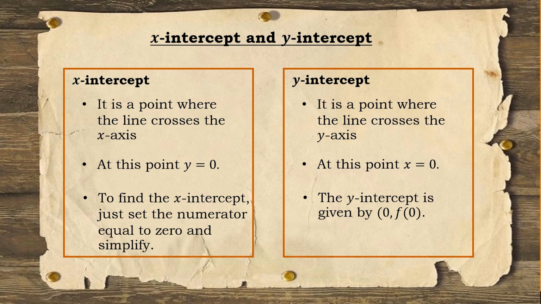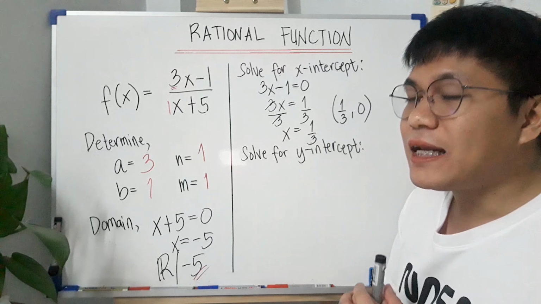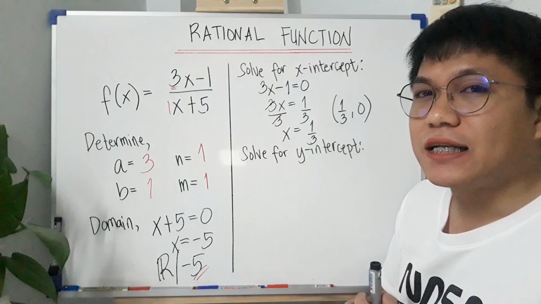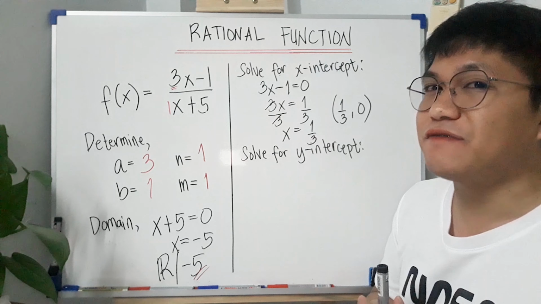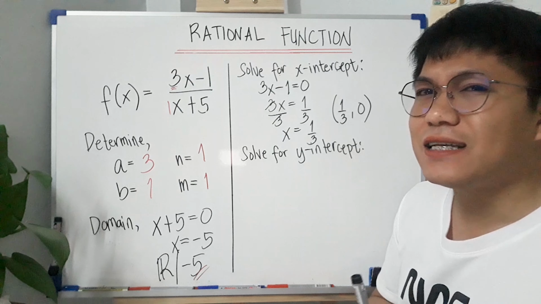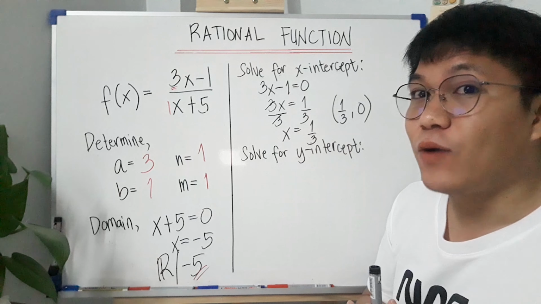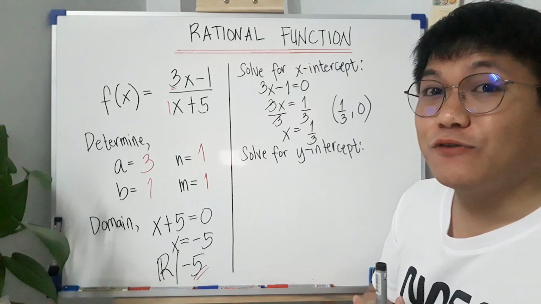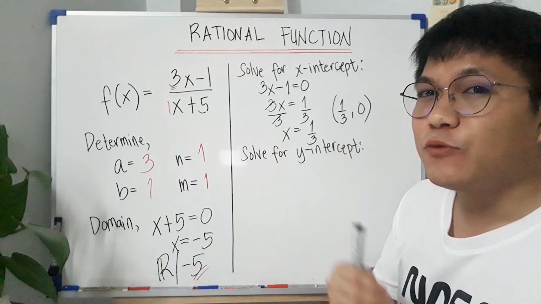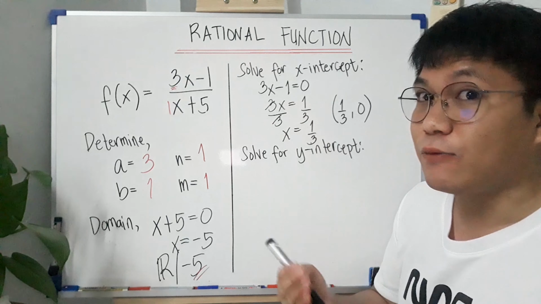How about the y-intercept? The y-intercept is a point where the line crosses the y-axis. At this point, x is equal to 0. The y-intercept is given by 0 and f of 0. Now, going back to our given function, 3x minus 1 over x plus 5, what do you think is the process in solving for our y-intercept? We are going to solve for the function f of 0. We are going to let our x be equal to 0.